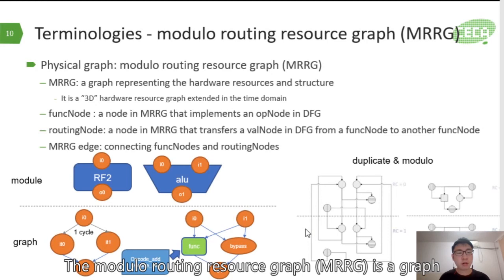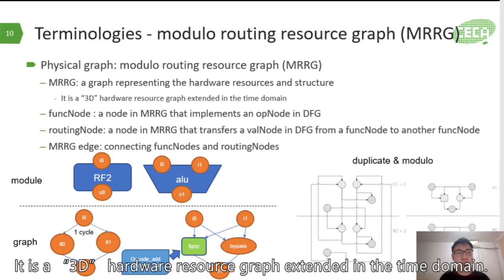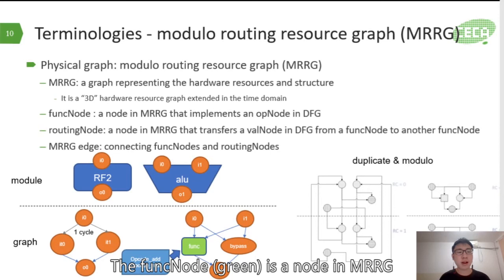The modulo routing resource graph, MRRG, is a graph representing the hardware resources and the structure. It is a 3D hardware resource graph extended in the time domain. The func node is a node in MRRG that implements an OP node in DFG.